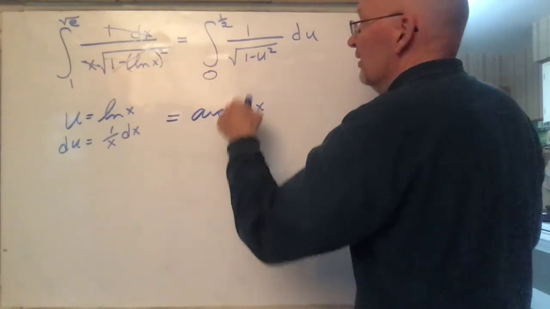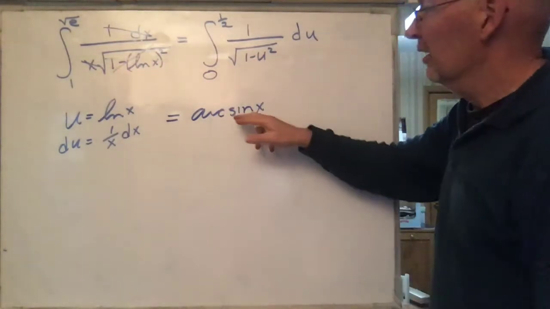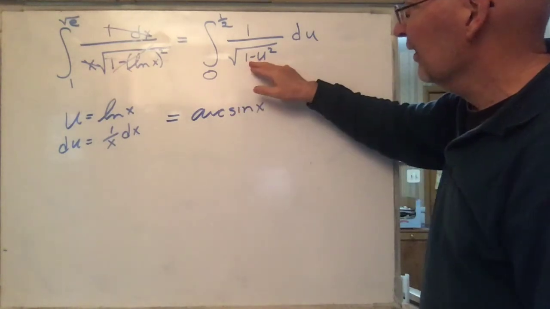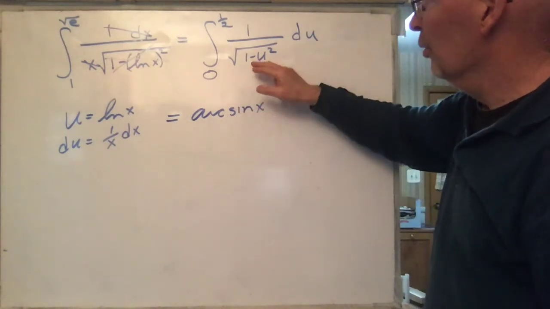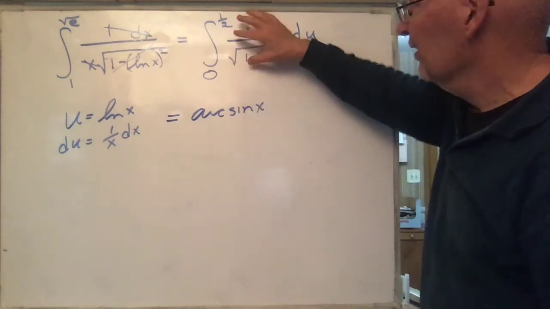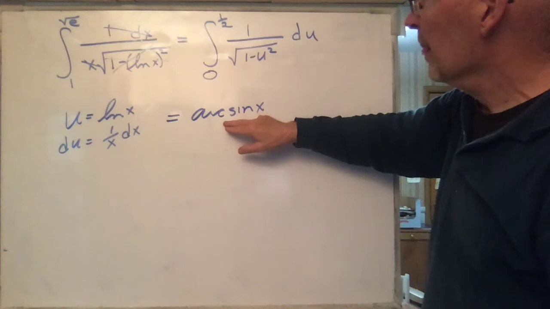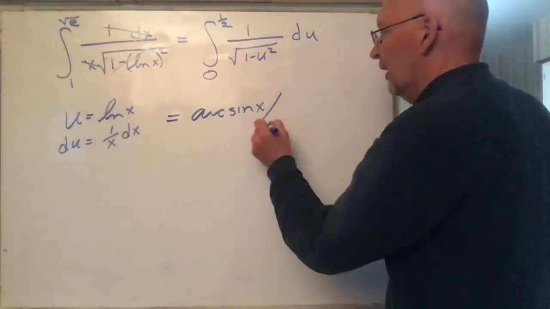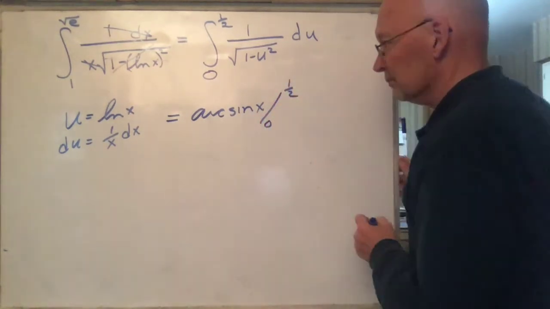So the arcsine is the antiderivative of this. If you take the derivative of arcsine, you get this thing. Remember that? So this is the antiderivative of that. This is what you want. So the antiderivative of this is this. And so now we evaluate that from 0 to 1/2.